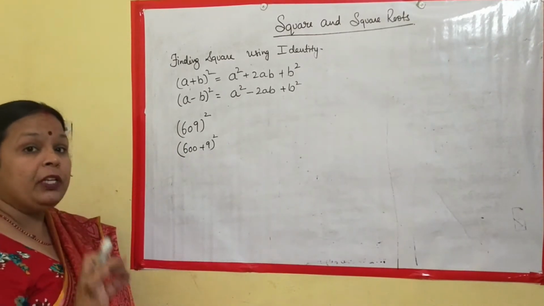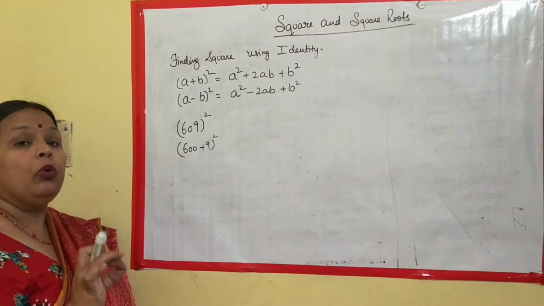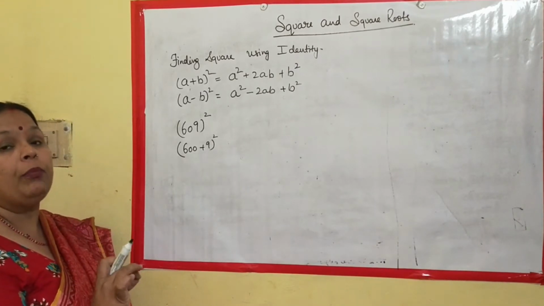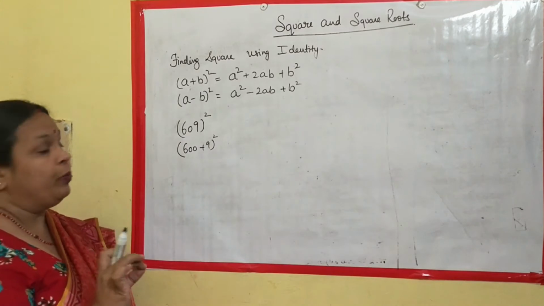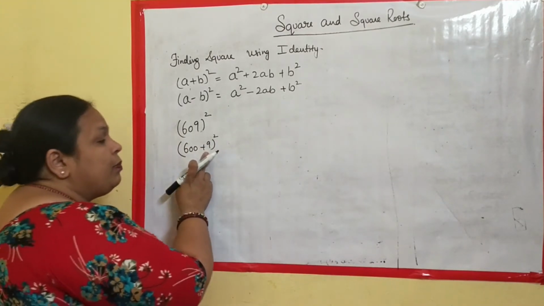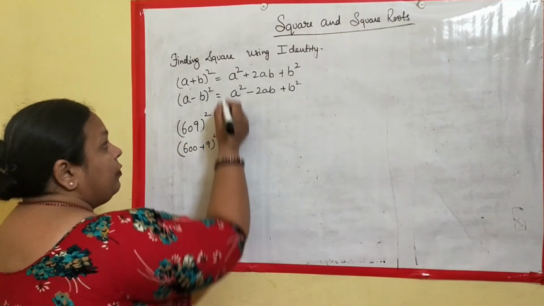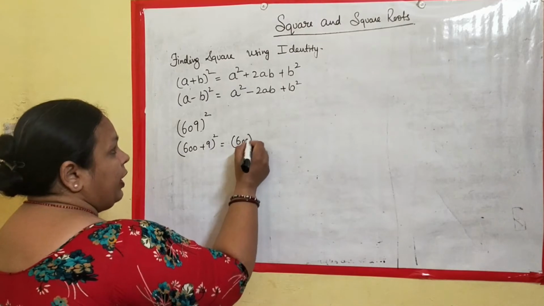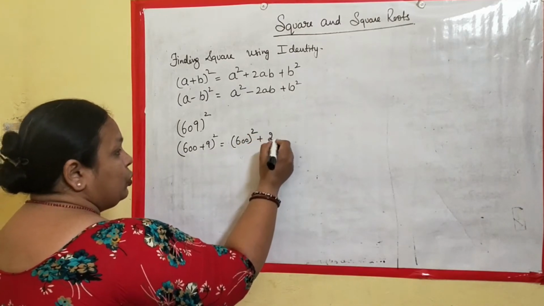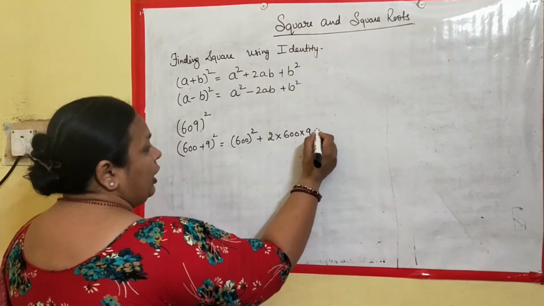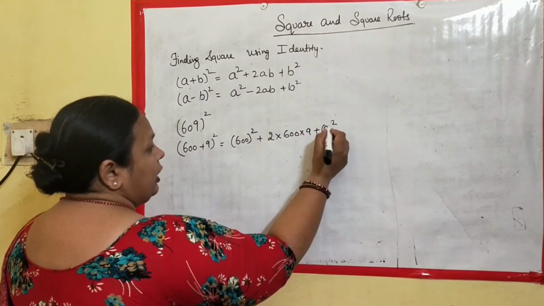So, it depends on the given number how you can arrange it, and finding the square of which number is easier for you. If it is 609, we can write it as 600 plus 9, and we will substitute in the formula: a is 600, then 2, again a is 600, b is 9, and here it is 9 square.